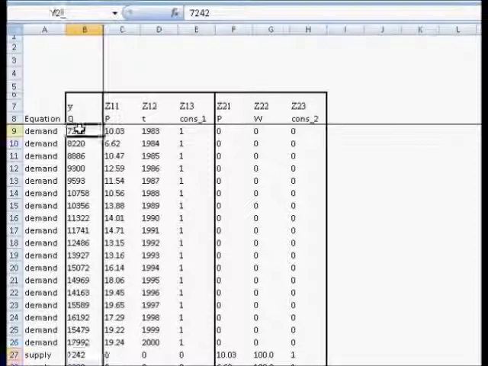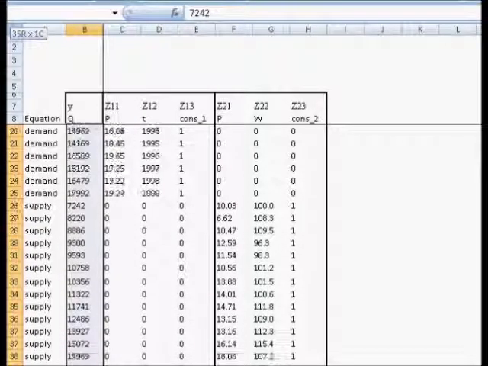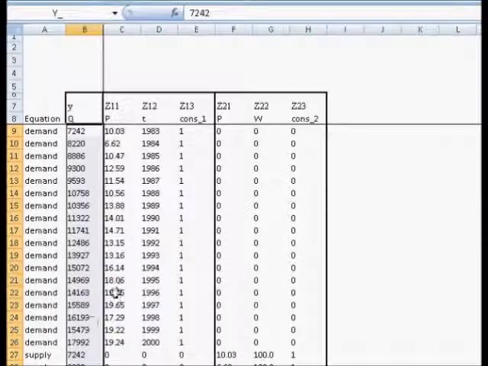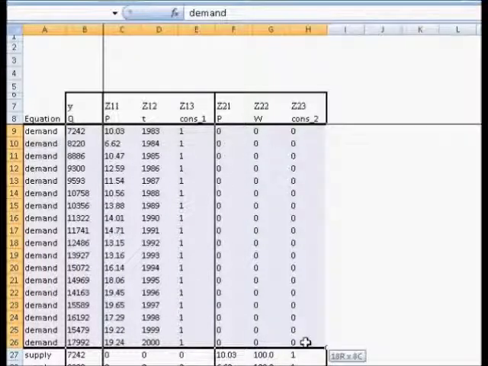So this first double stacking of the price variable is what I call stacked Y. We stack Q on top of Q. Then we have the first equation. The first equation involves these rows and cells.